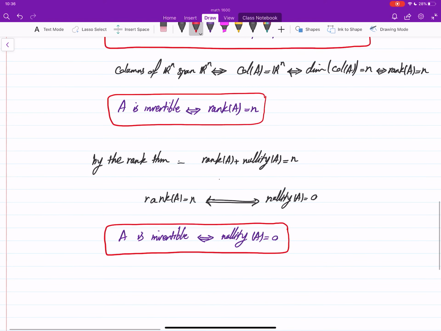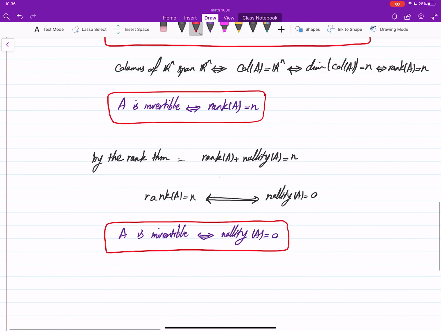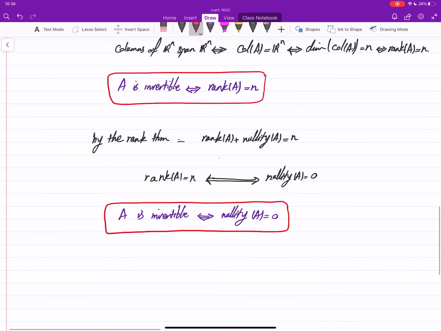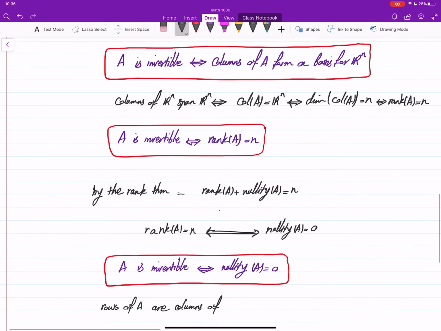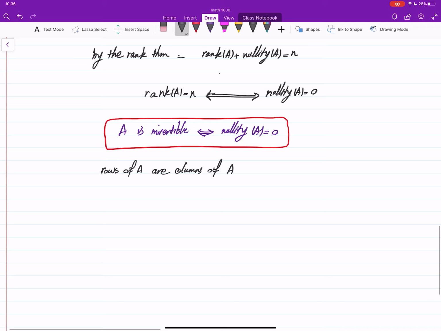Now, so far all the things we have discussed were about the columns. How about the rows? All these things can be related by one easy fact: the rows of A are the columns of A transpose.